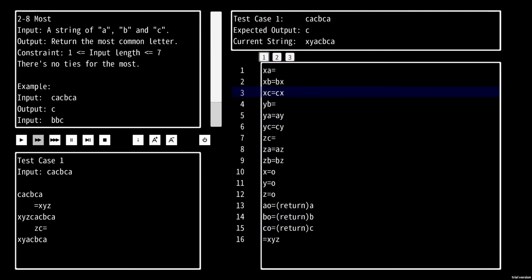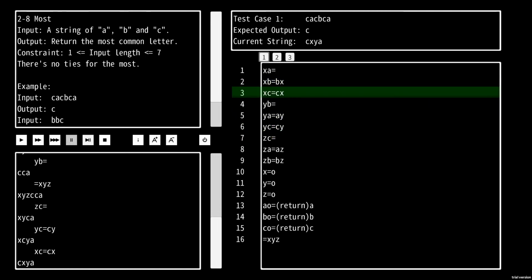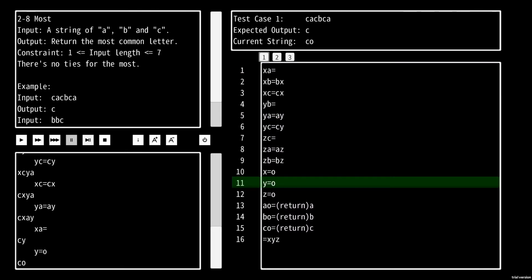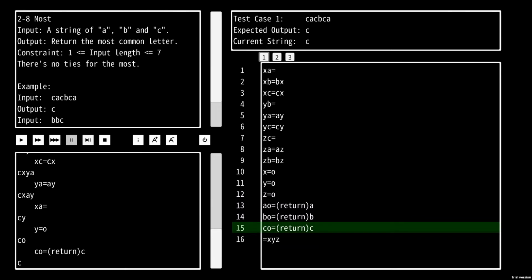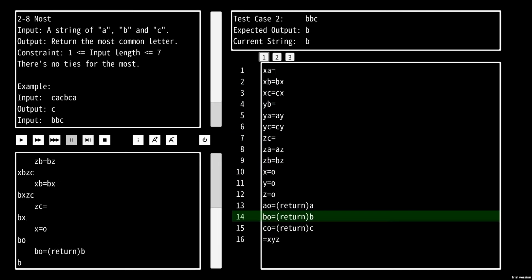What's happening? So it keeps going. CY. CO. Return C. Okay. So that one's correct.